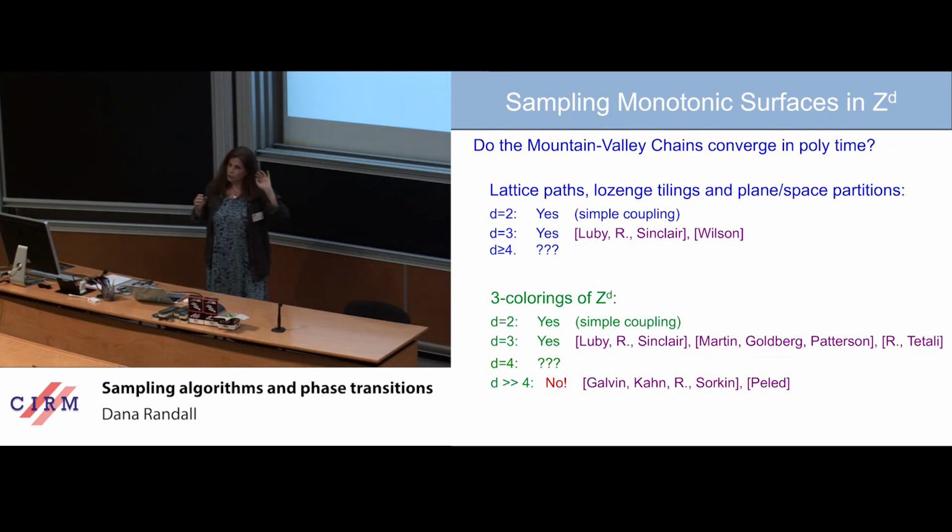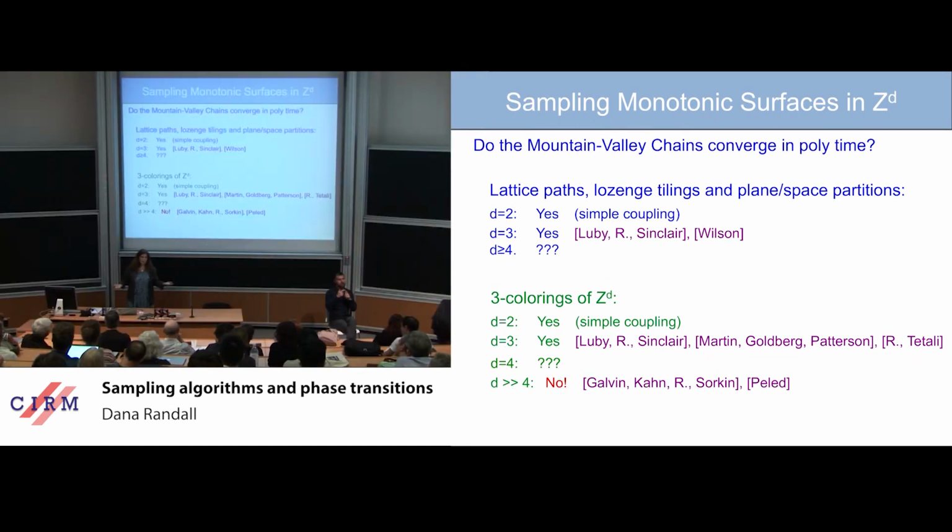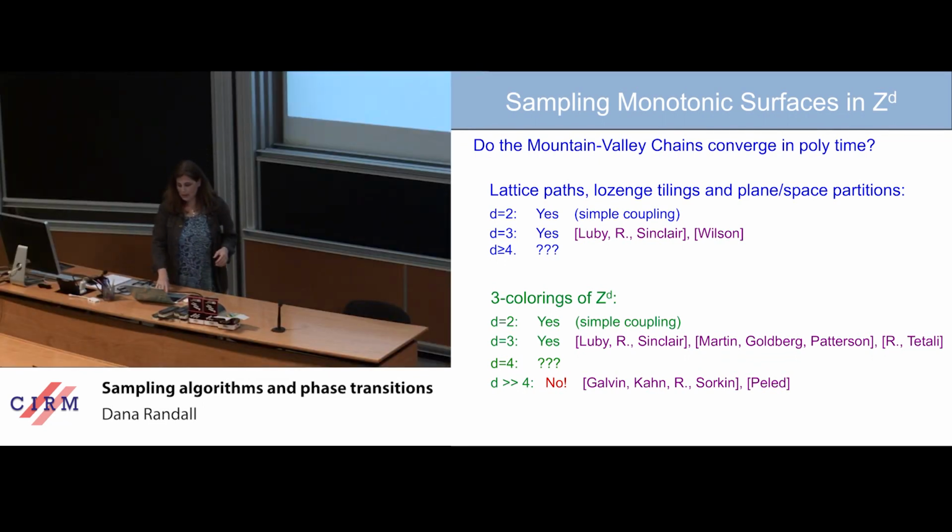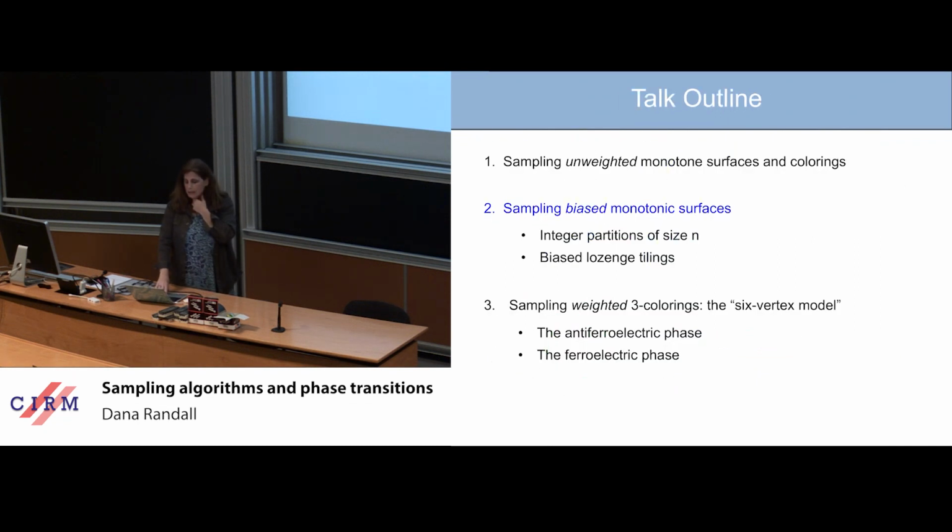So even though you're forcing one color to one half of the lattice, you get enough freedom from the other colors that in high enough dimensions, this ends up being the dominant state, and it's hard to move between these 6 different states. Don't worry if that didn't make sense, but for those of you who are wondering why it suddenly becomes slow, that's the picture. Okay, so that's the background for the unweighted case.